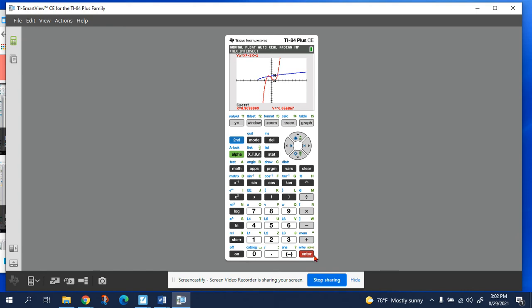Do you want it to guess the intersection that is closest to those blinking dots? Press enter for yes. Round each of these bottom numbers to 2 decimal places. So the third answer is the ordered pair 1.68, comma 2.38.